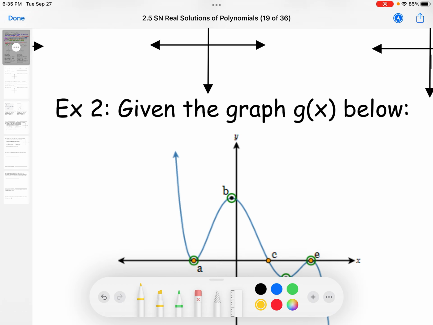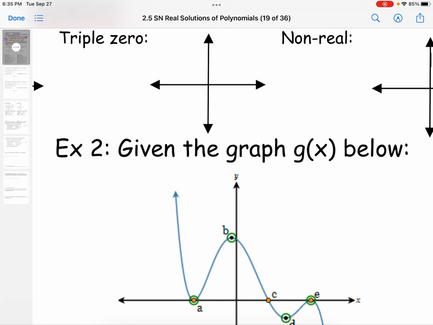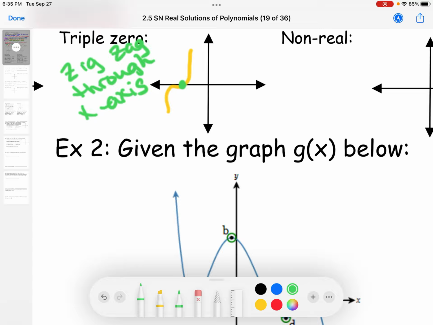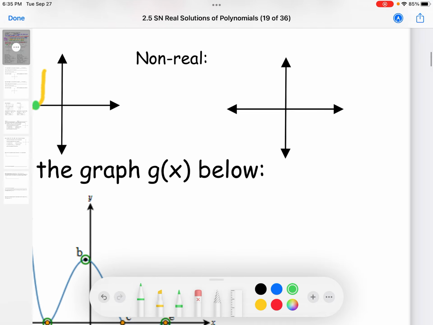A triple zero comes from a third power situation. I have a hard time drawing this sometimes, forgive me, but a triple zero kind of zigzags through the x-axis, much like the parent function of x cubed, y equals x cubed.